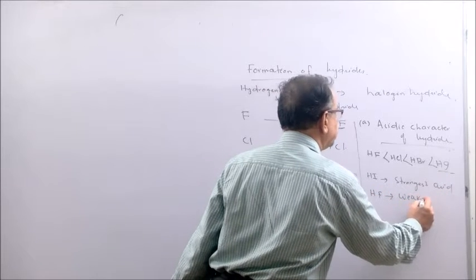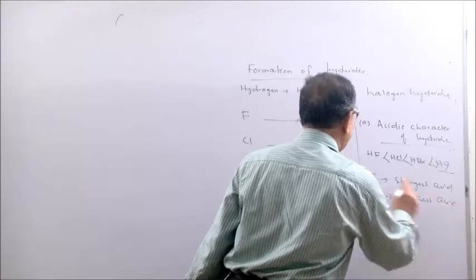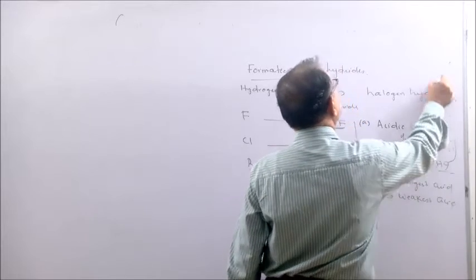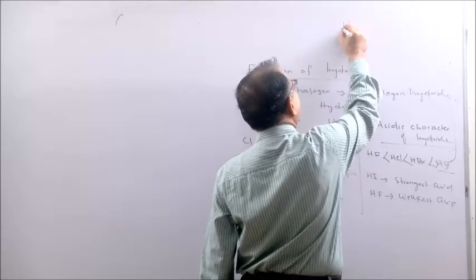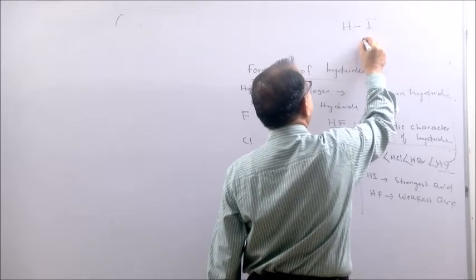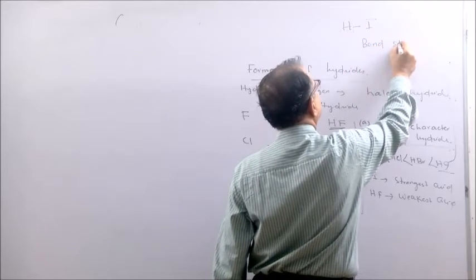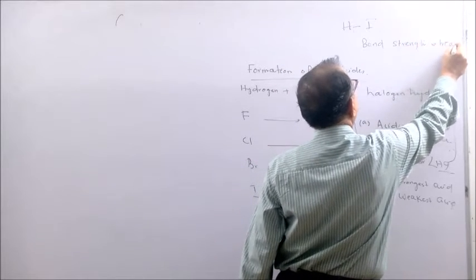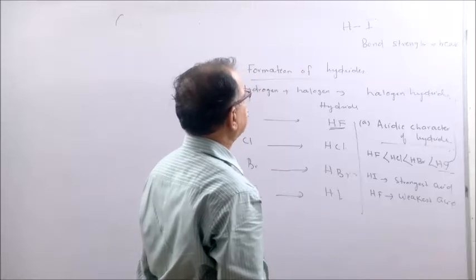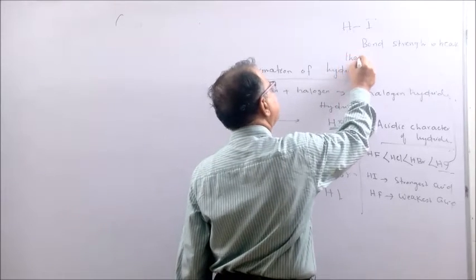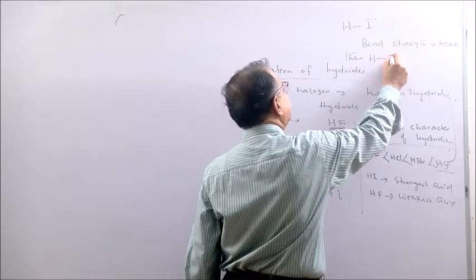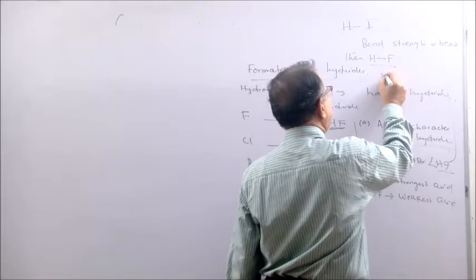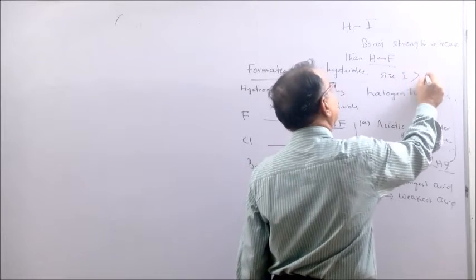Why is HF the weakest acid? That can be explained. Number one, the bond energy of HI, the bond strength is weak. HF bond strength is high. And the size of iodine is greater than fluorine.